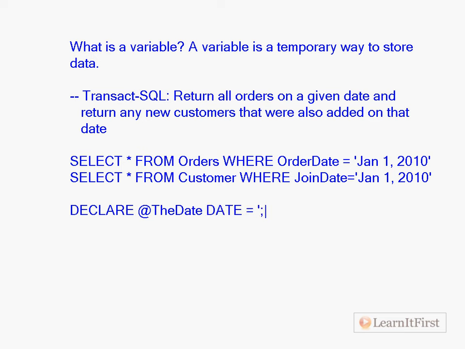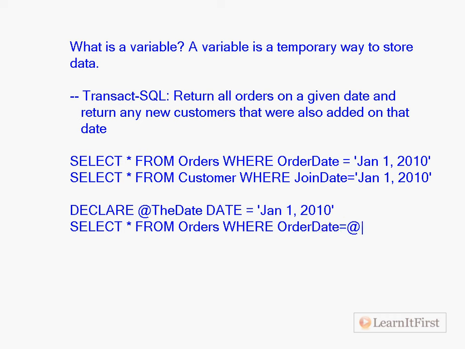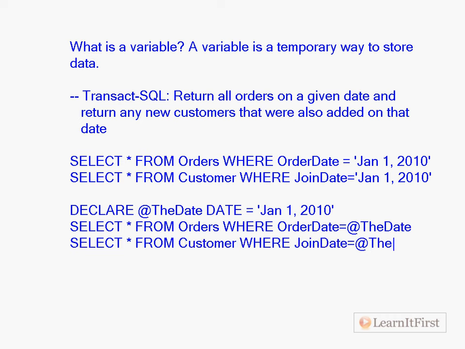So we define it with a data type, Jan 1, 2010. And then we can change our queries to where order date equals the date and select all from customer where join date equals the date.